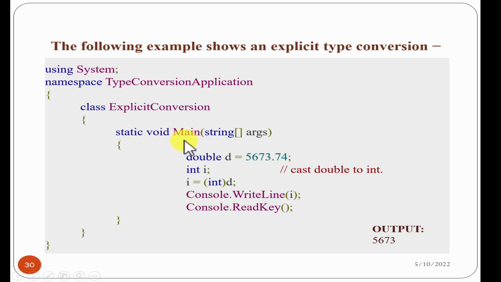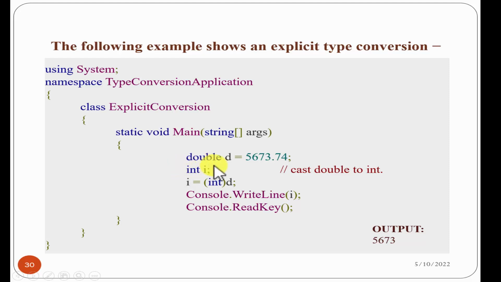Now inside the main body, we have one double type variable D. A double type always consumes 8 bytes of memory in our system. Here the D value will be assigned 5673.74.